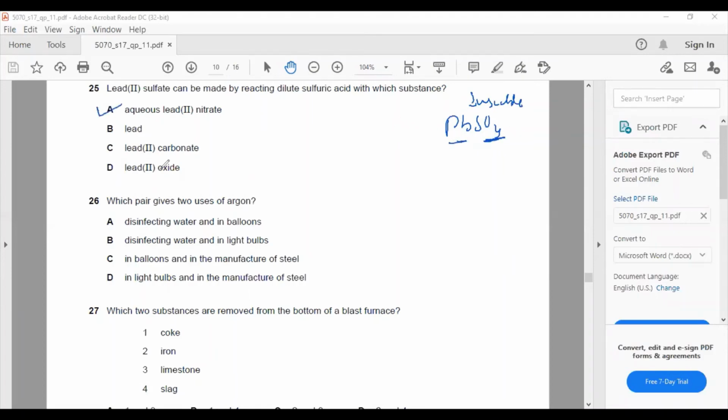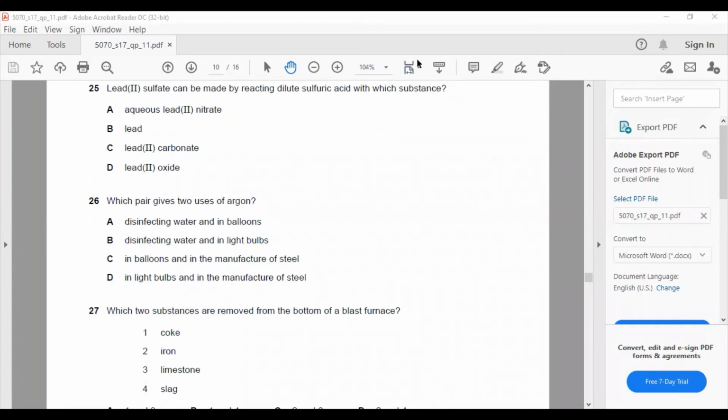A is also correct. Then why they discarded? Because it's also possible by another method. Even lead oxide and sulfuric acid, if you heat, it will form lead sulfate. And some students may think that lead carbonate also can react with the sulfuric acid and form lead sulfate. Yes. Okay.